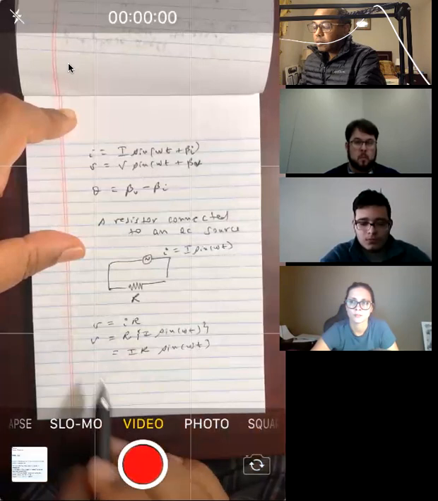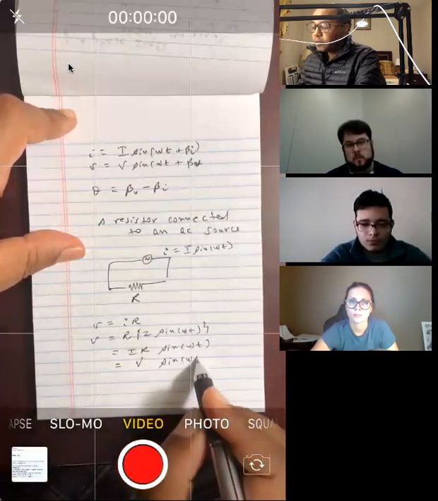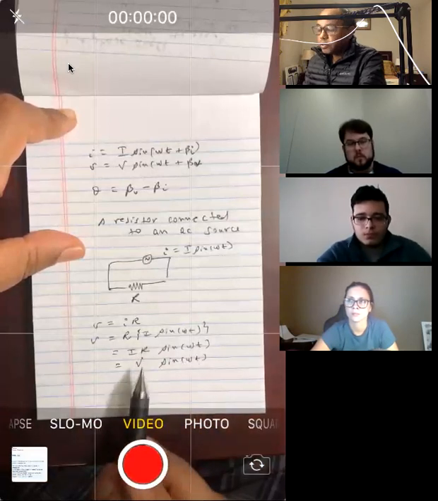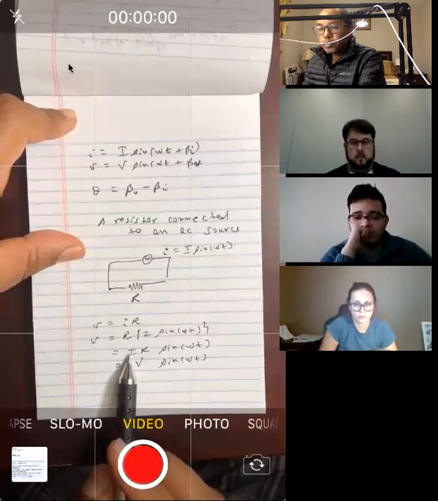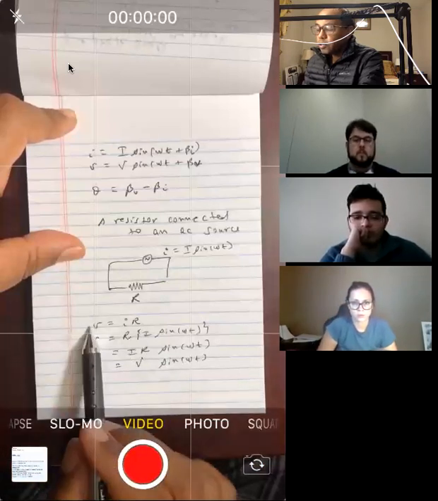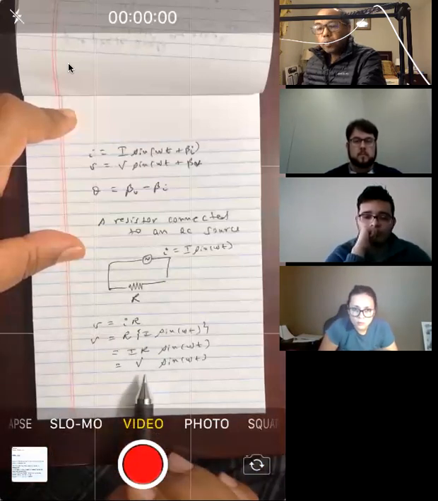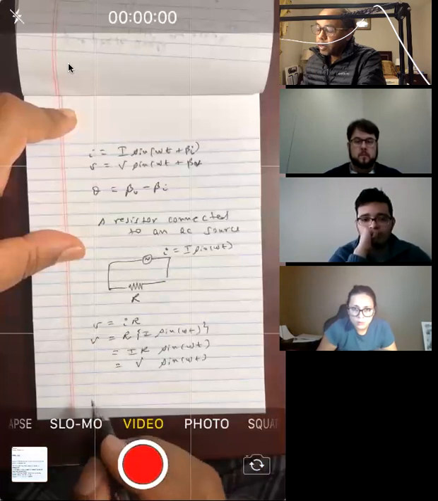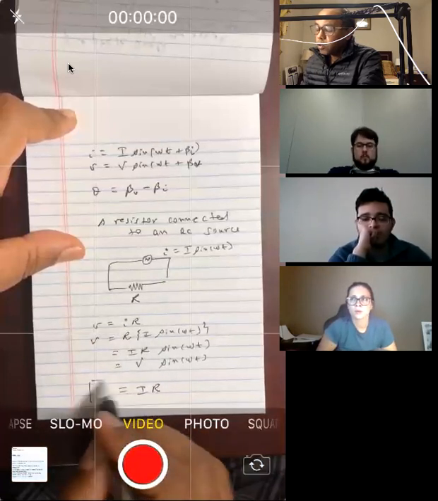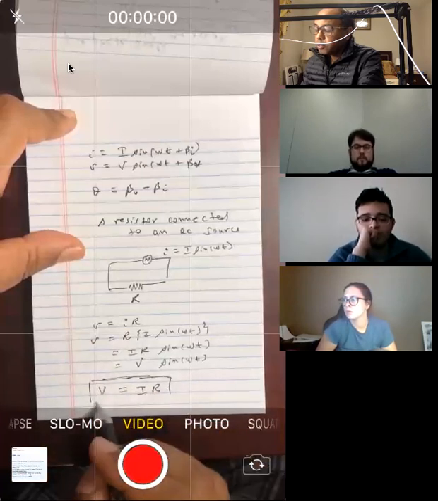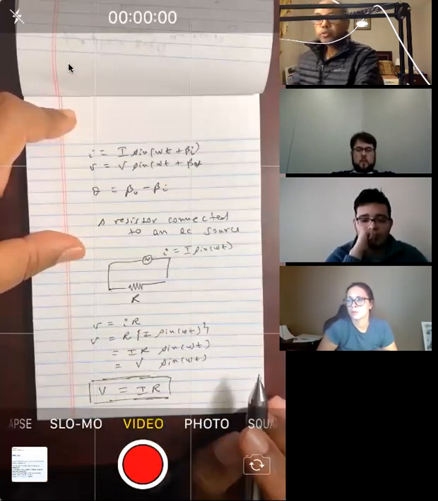But you can also write this as the amplitude of the voltage times the sine of omega t. So we have a relationship between the amplitudes: the amplitude of the voltage equals the amplitude of the current times resistance. This equation, which applies for the instantaneous current and voltage, also applies for the amplitudes. So we have V equals IR. Ohm's law also applies to the amplitudes.